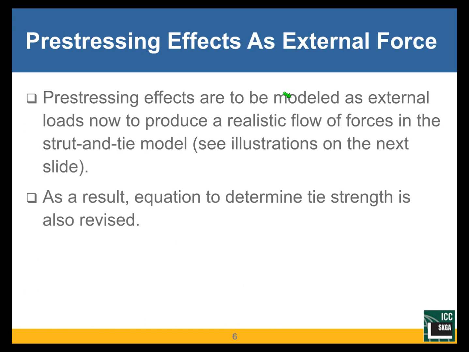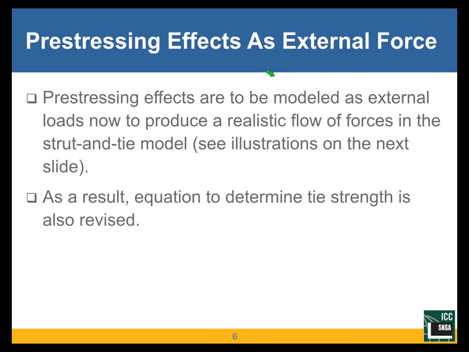The first change, prestressing. Prestressing effects are to be modeled as external loads now to produce a realistic flow of forces in the strut-and-tie model. I will take you to the next slide where we have a figure. Because we are doing this, prestressing effects are being modeled as external loads. The equation to determine tie strength is revised.